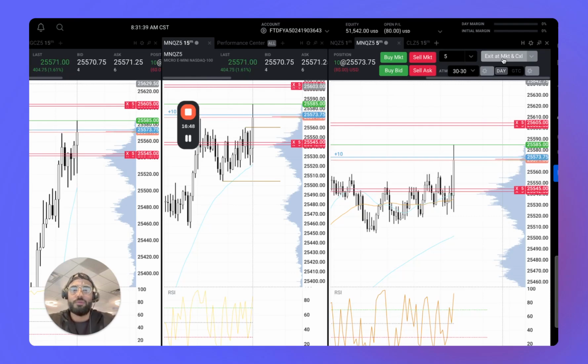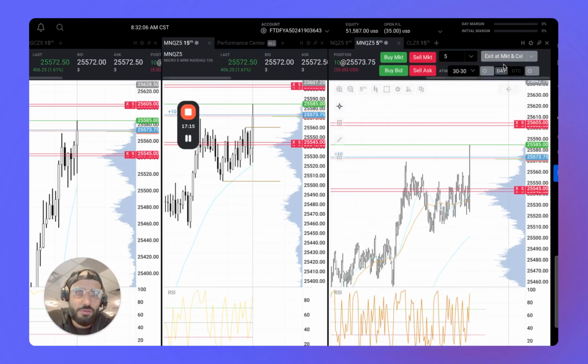Now I'm gambling, man, so I need to be on this trade until the close because this could swipe the highs and come down really fast. I'll wait for this 5 minute to close.